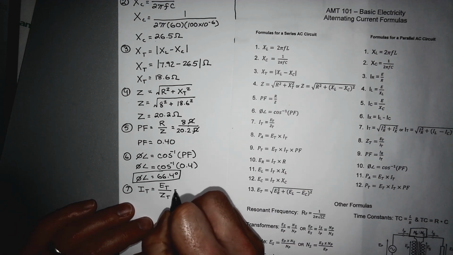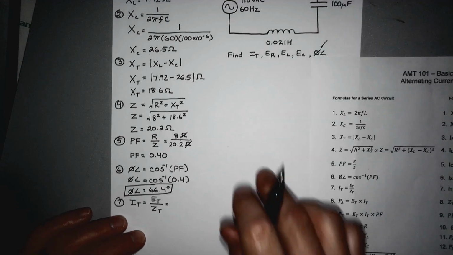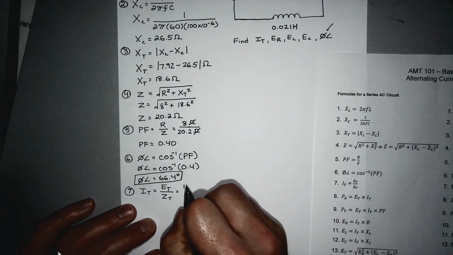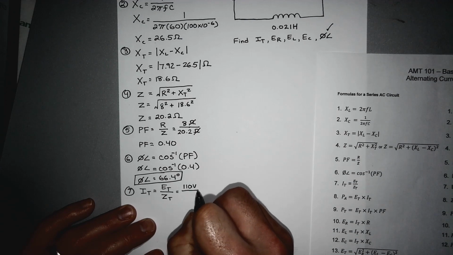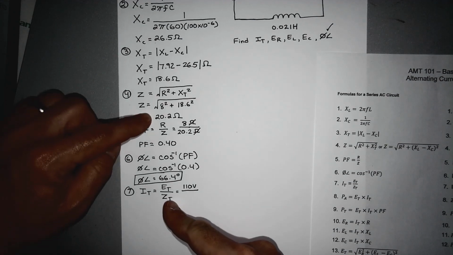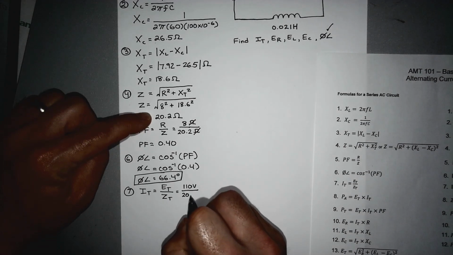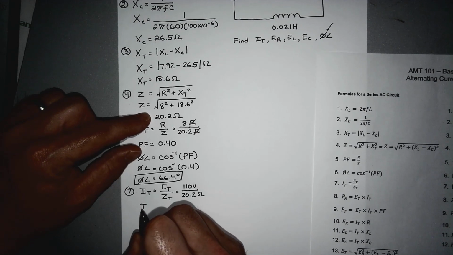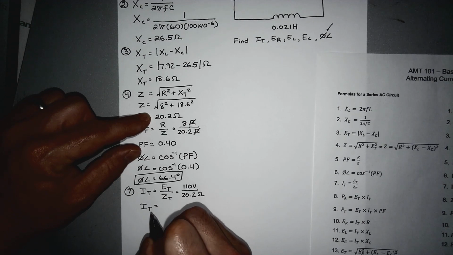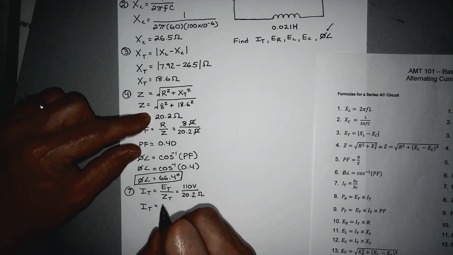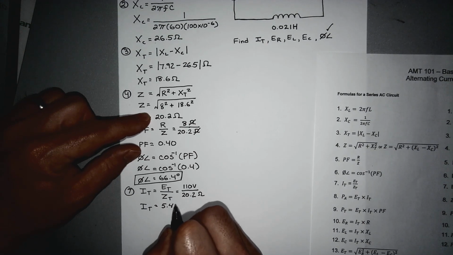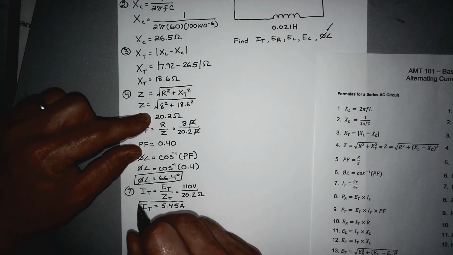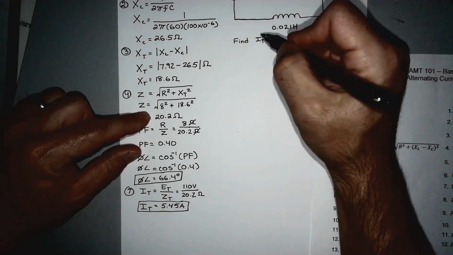So Z sub T equals Z. The E here is 110 volts, and that's going to be divided by our Z, which is 20.2 ohms, and that's going to give us an I sub T of 5.45 amps. And that's our second one that we found.